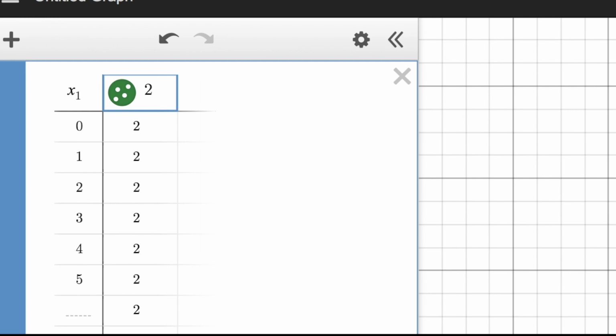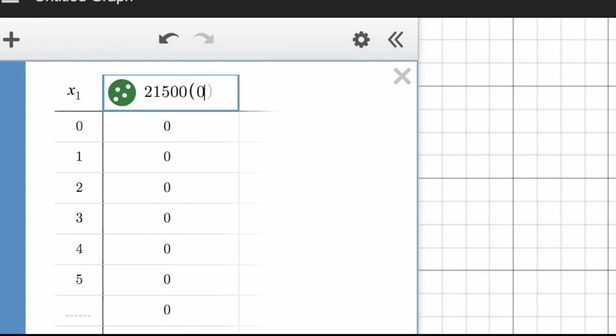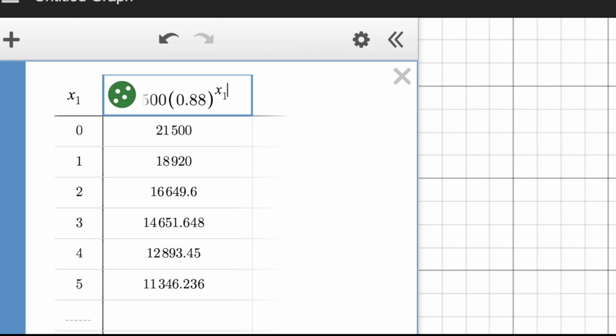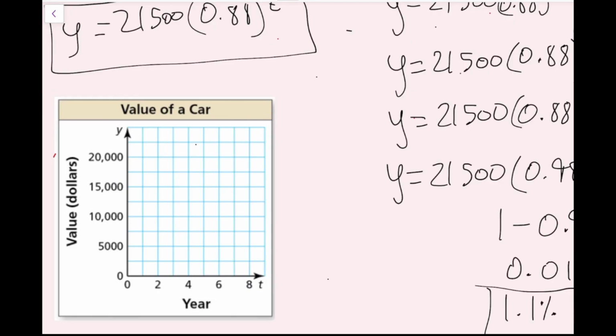So it's going to be 21,500 times 0.88 to the x power. Okay, so I get these as my values. So I'm going to plot these numbers on my graph right now. So 0, 21,500. Then I have 1, about 19,000, so that'll be somewhere right there.